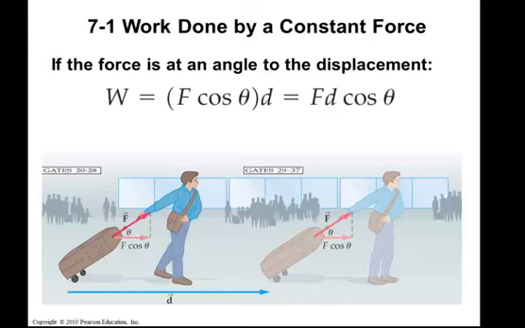And since that is the adjacent side, we would use cosine. So the equation that we can use if something's at an angle is F d, which is your work, times cosine of theta. And you have one of those on your assignment. It's 7.12. And that one's going to have one where it's at an angle, and you're going to have to use that cosine.